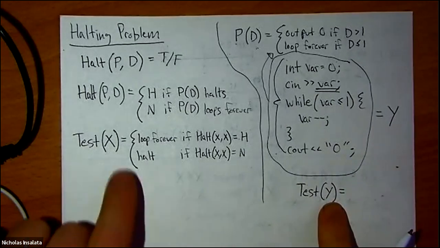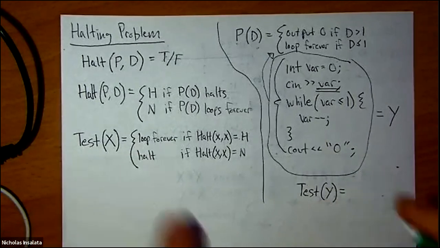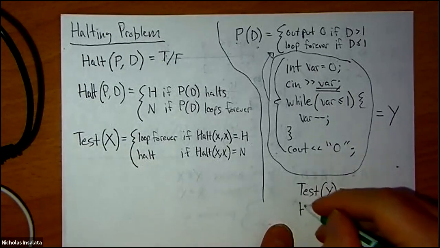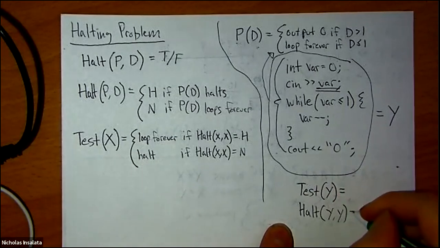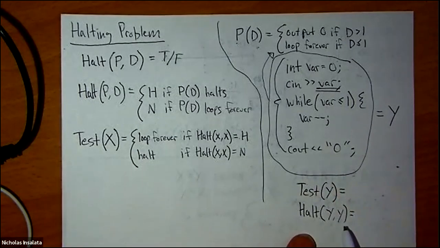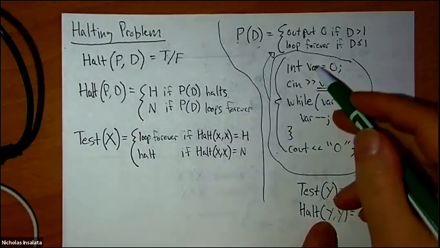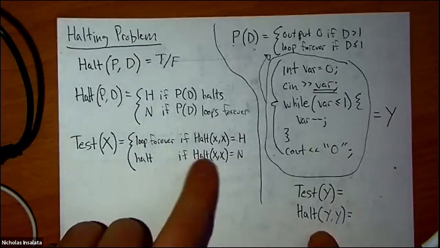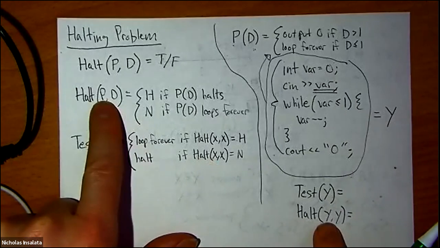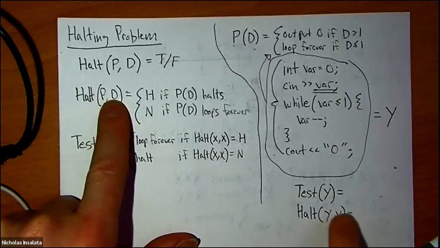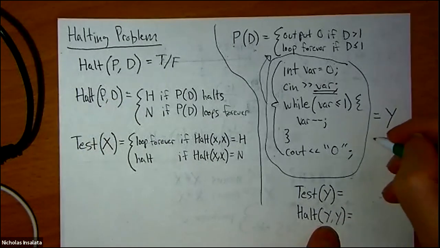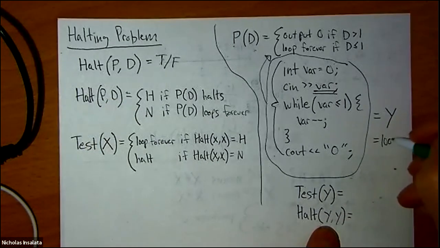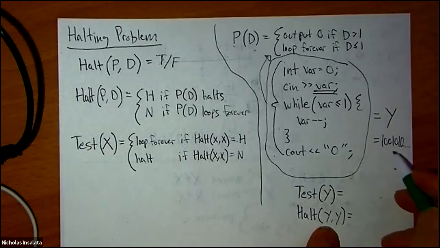Well, what I'm going to do is look at halt of Y, Y. And what's going to happen there? Well, I have this program Y. P, the first thing to my halt function, that's the program. The data is also going to be Y. And if Y is equal to 1 0 0 1 0 1 0, this 1,000-bit long binary number, right?